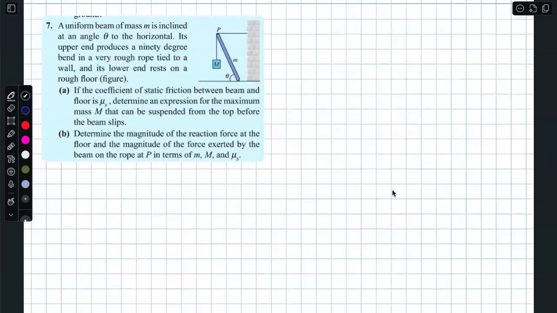You study this question for just 3 minutes. What are your observations in this question, first of all? I'll ask you only one question. In this, a uniform beam of mass M is inclined, of course. The coefficient of static friction between the beam and the floor is only given.